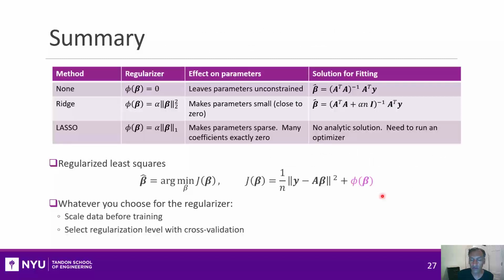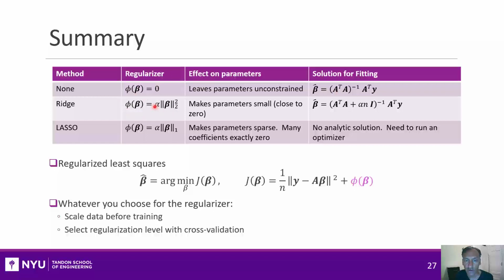So let me just wrap up with a little bit of a summary here. We at least looked at 3 types of regularizers. One is to not have any regularization, and that just leaves your parameters unconstrained. And in the case when you're regularizing with the mean squared error like this, your solution would just be the standard least squares solution that we talked a lot about in Unit 3.